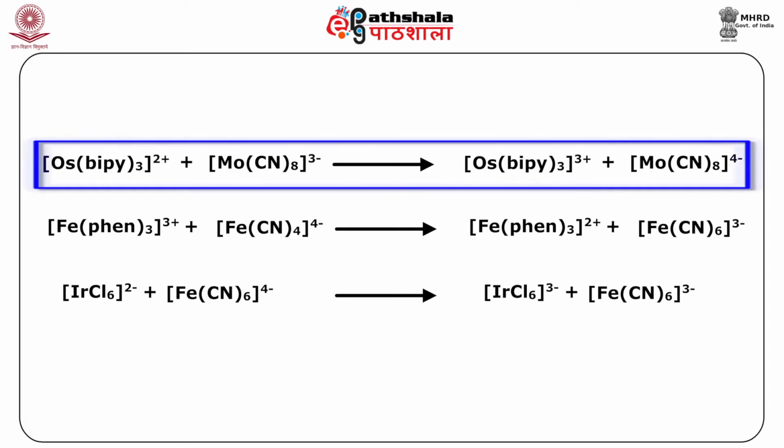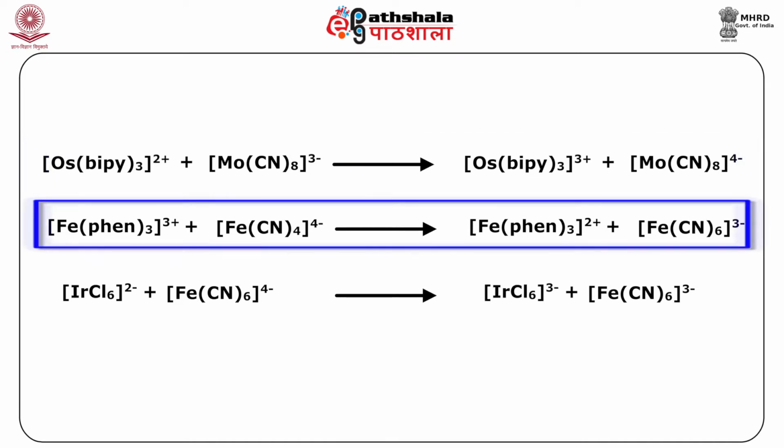This leads to the formation of osmium tris bipyridyl 3+ and molybdenum CN8 4-. So what is happening? Osmium is getting oxidized by 1 and molybdenum is reduced by 1. So it is a one electron transfer process, but the metals and ligands are both different. So this reaction is categorized as a cross reaction.